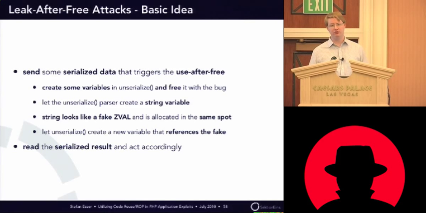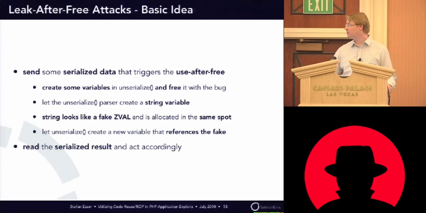The next thing you want to do in the unserialize is to create a string variable of the same length as the internal data structure used by PHP to keep track of variables, which is called zval. And if you create a string inside the unserialize that looks like a fake zval, it's theoretically possible to use it. And because of the memory cache, it will be allocated in the same spot as the previously freed variable.